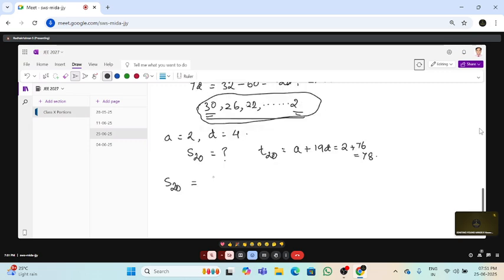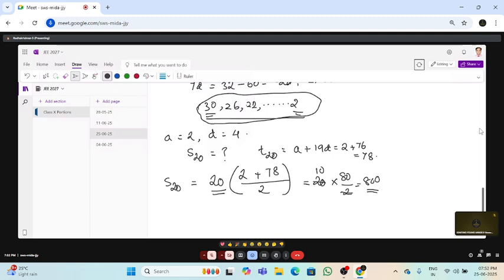Into the average of the first and last term. There are 20 terms, and the average term is 2 plus 78 whole divided by 2. This way you can easily remember the formula for sum. So the number of terms into the average value, that is 20 into 2 plus 78, which is 80, divided by 2. It comes to 800. The sum to 20 terms is 800.